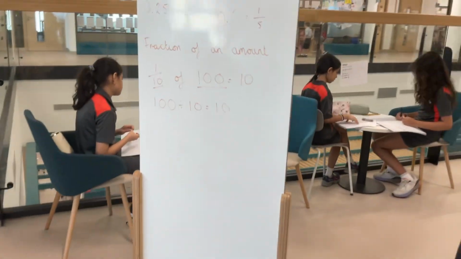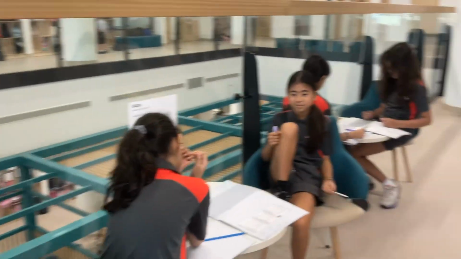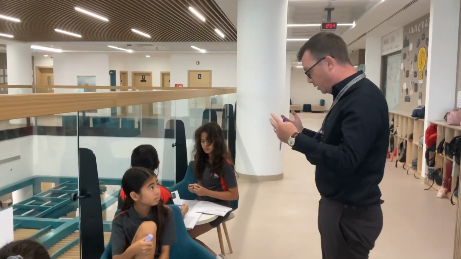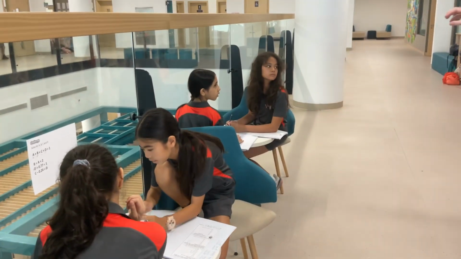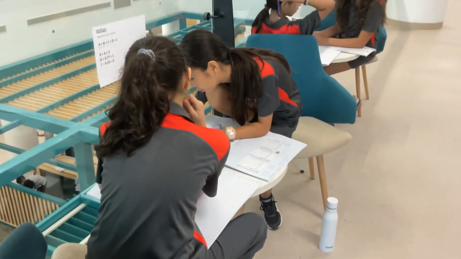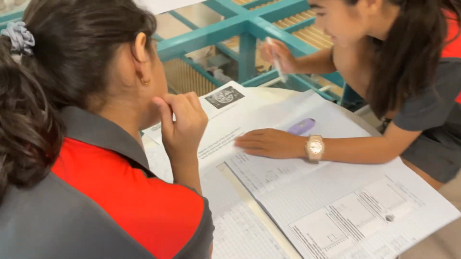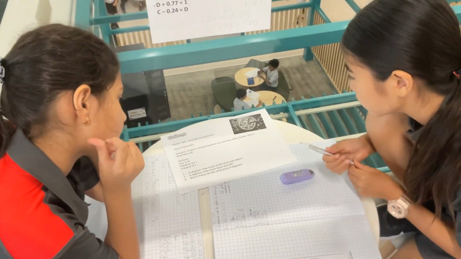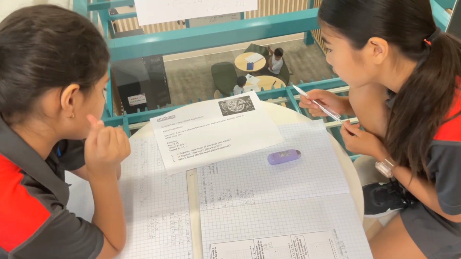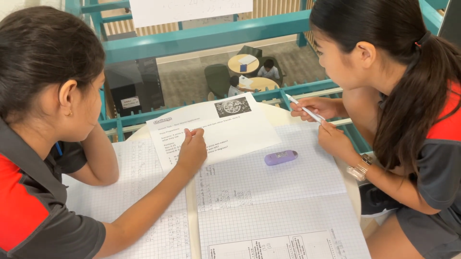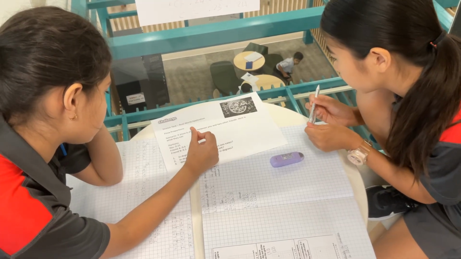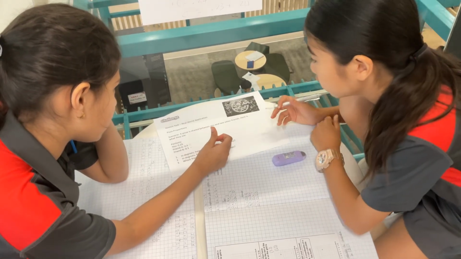I am going to have a read of that and tell me what you have to do. I'm just going to go and check on the others. I'll be back in 10 seconds. Try and think about what you need to do. Okay? A pizza is shared between you and two other friends. Here is what they made.